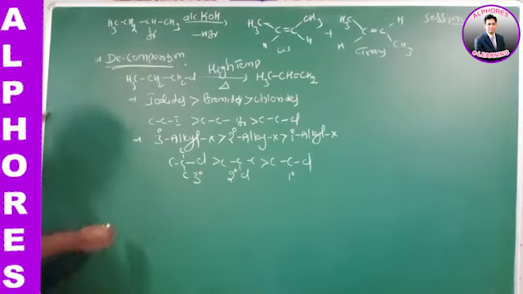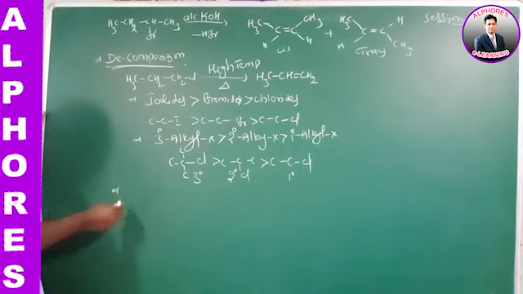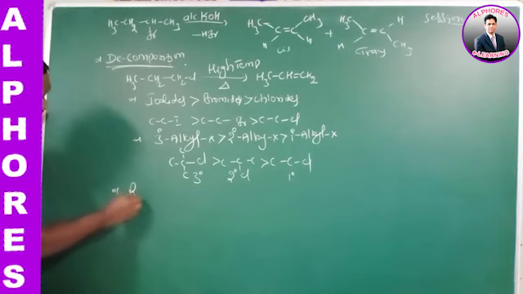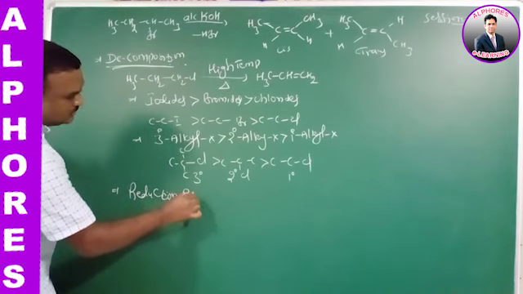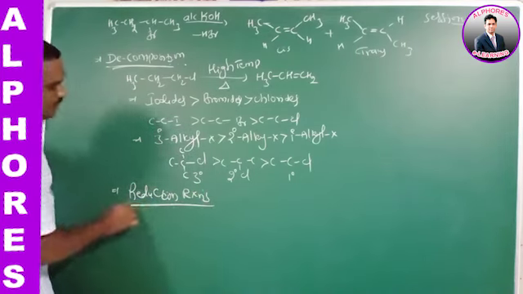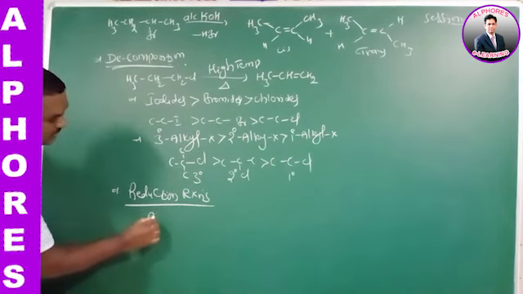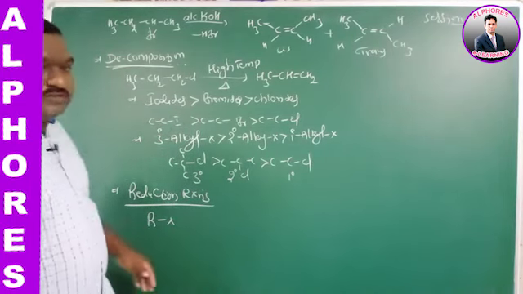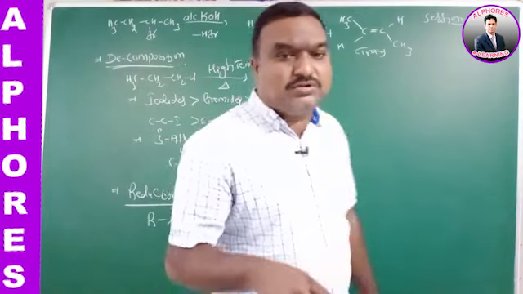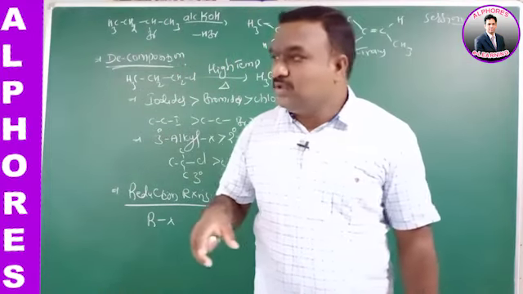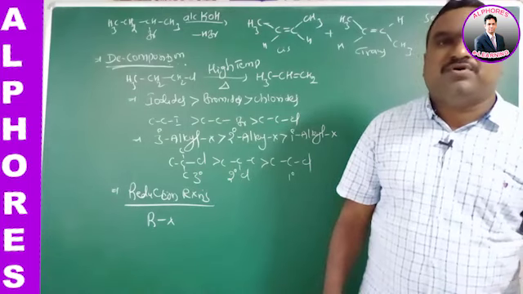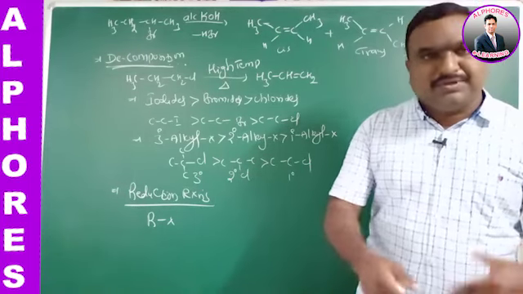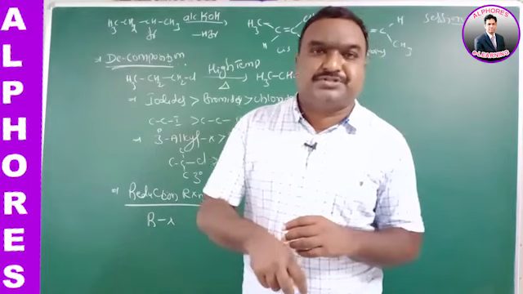Next one is reduction reactions. Reduction reactions mean the alkyl halide compounds undergo reduction in the presence of reducing agents and finally form alkanes. It may depend on the given substrate.